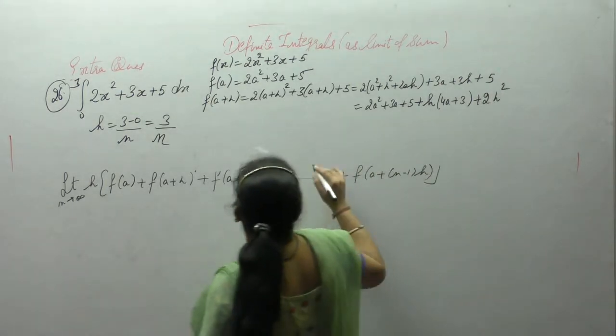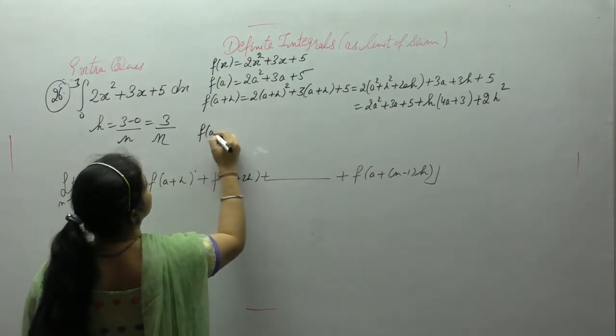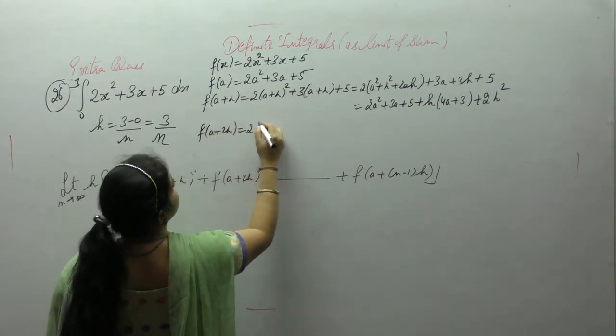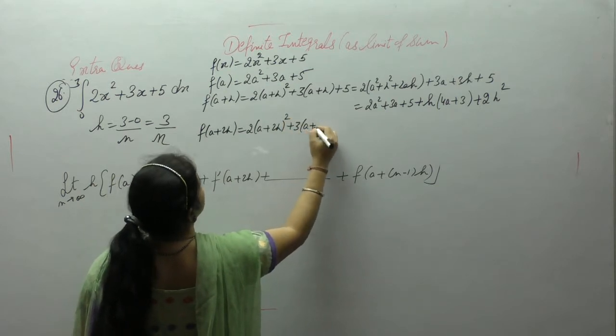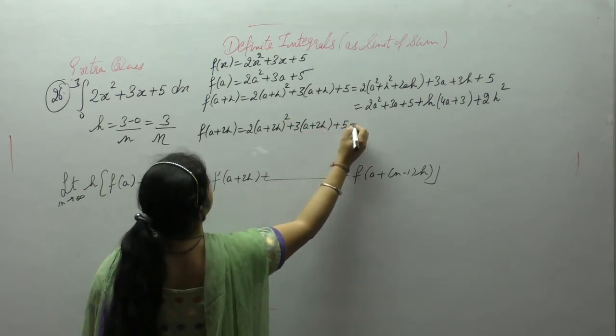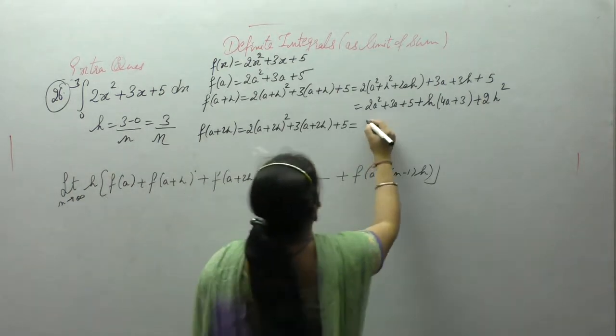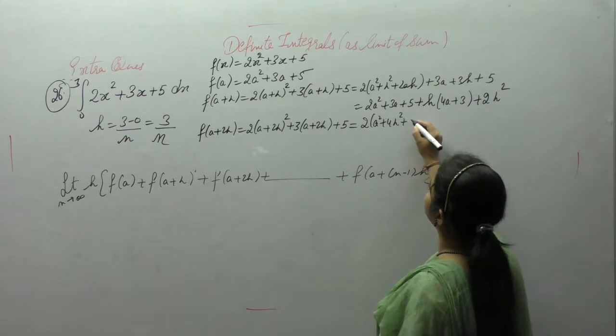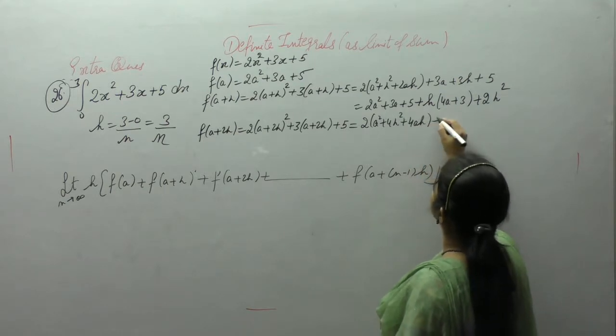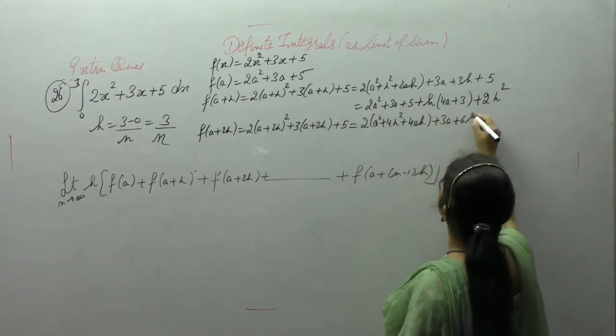Now f of a plus 2h is 2 times (a plus 2h) square plus 3 into (a plus 2h) plus 5. Open the brackets: a square plus 4h square plus 4ah, plus 3a plus 6h plus 5.